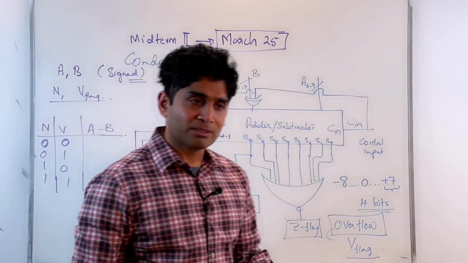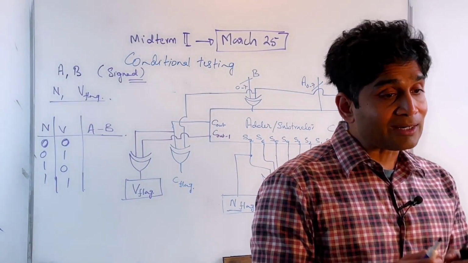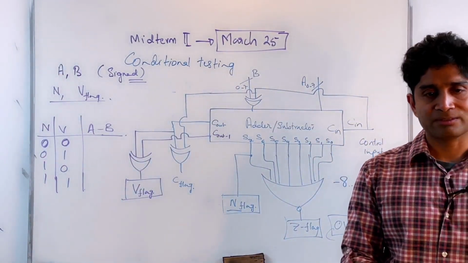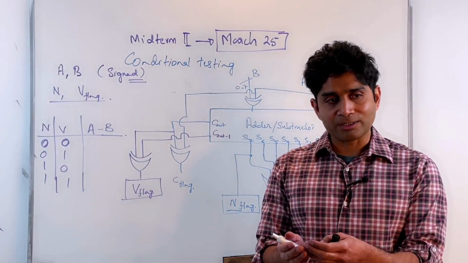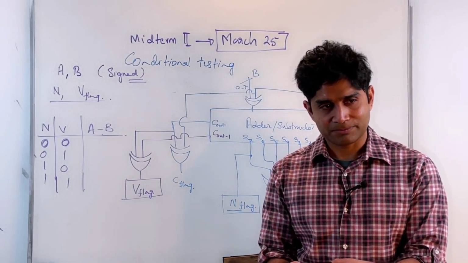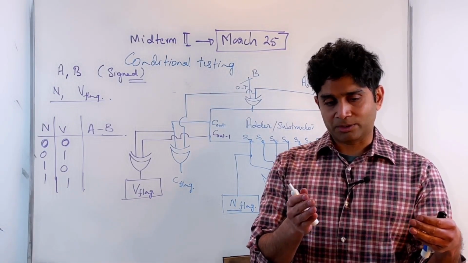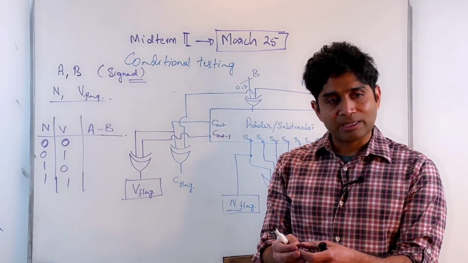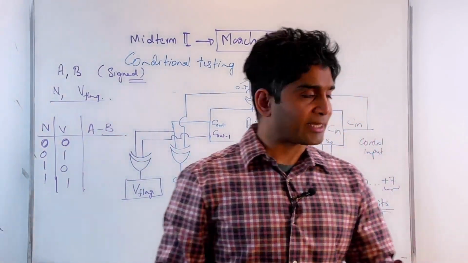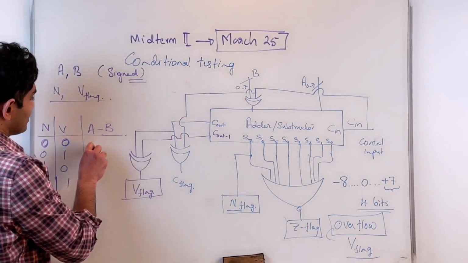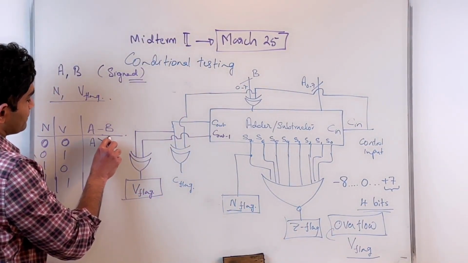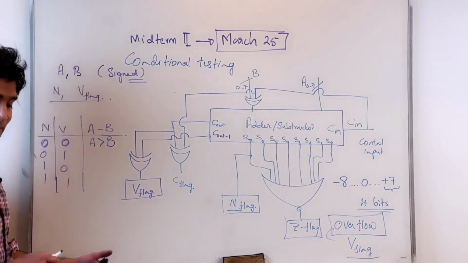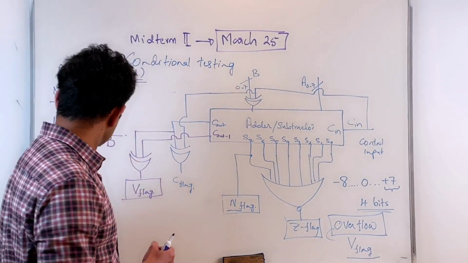That means my overflow flag is not set, so whatever answer I got is the correct answer. So the result gave me a positive answer, which indicates that A is larger than B. Because only when A is larger than B, I get a positive answer.